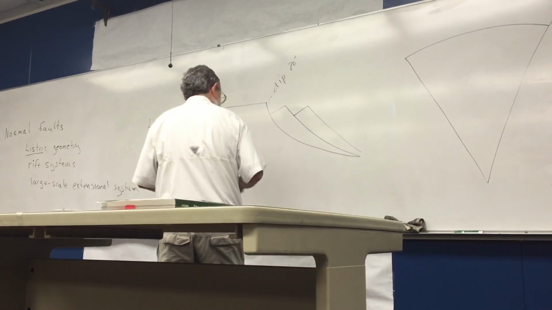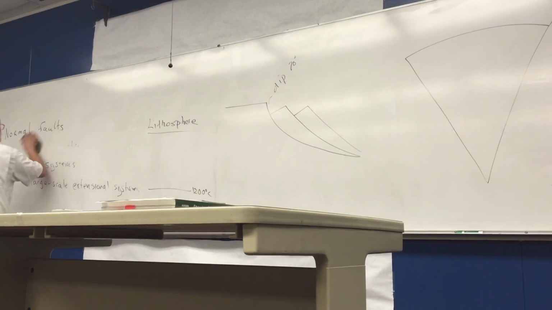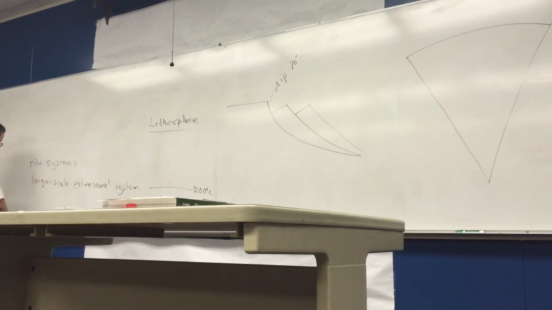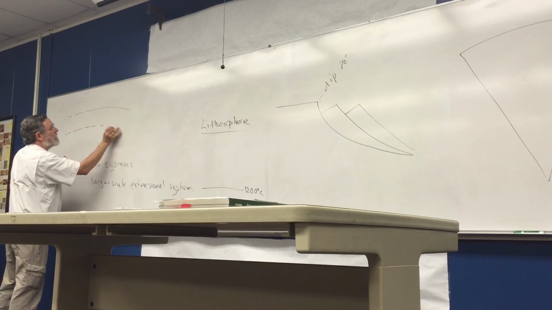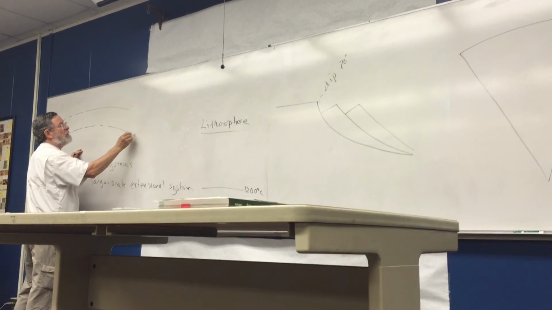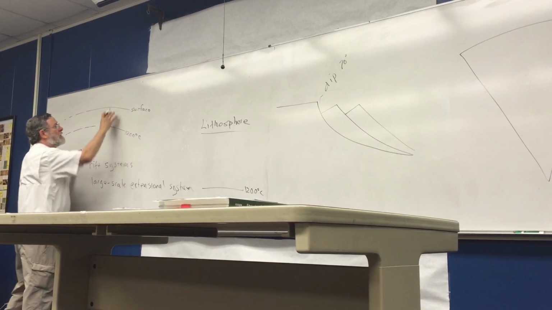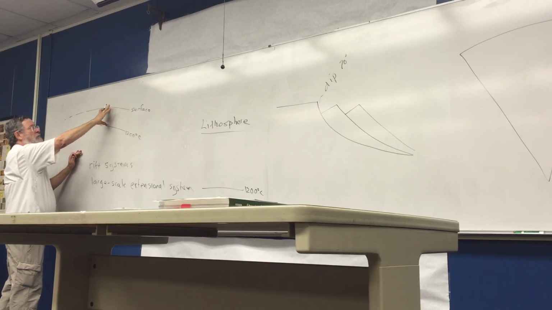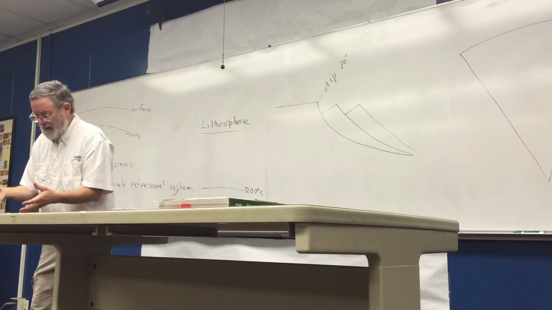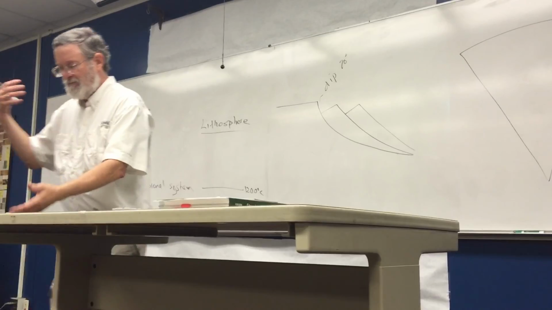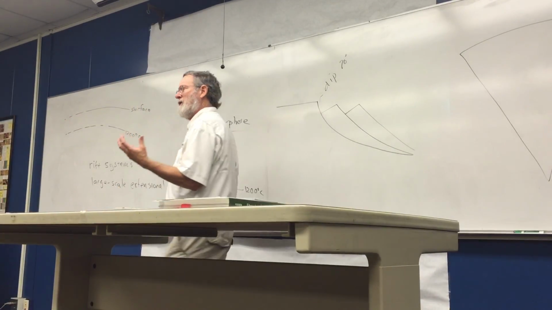If we look at continental lithosphere, we find some intriguing things. So we're going to say this is 1200 degrees centigrade. This is our surface here. This would be an average. Let's say in this particular area of the United States we're looking at 40, I think 40, 45 kilometers.